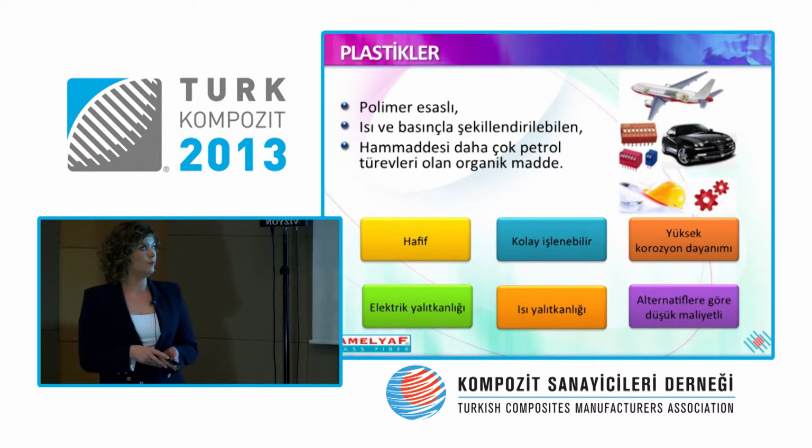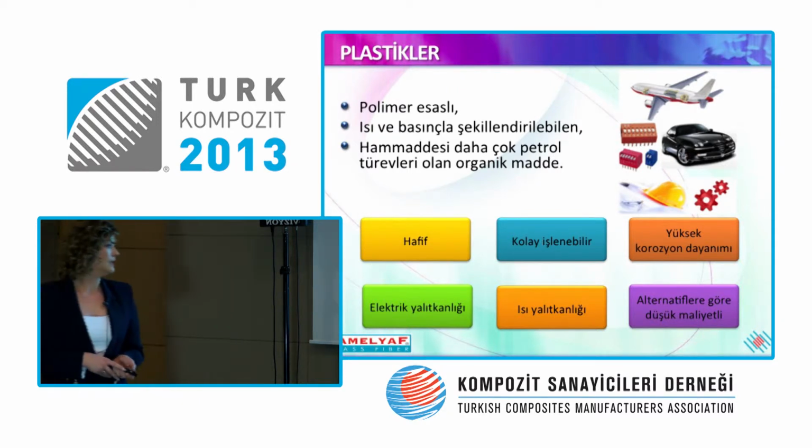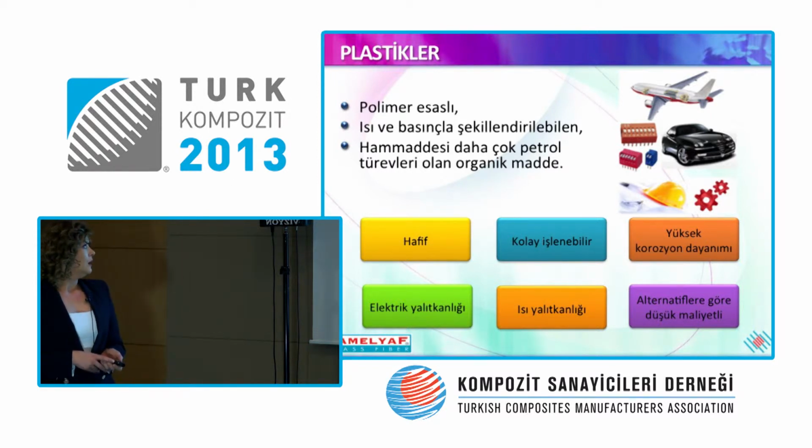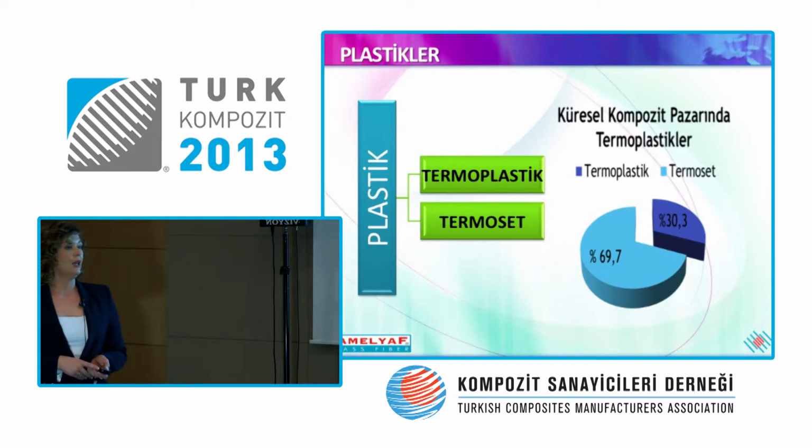They're polymer based, they can be formed based on heat and pressure, and they're usually organic substances that are petroleum derivatives. They are light, they are easily processed, they have a high corrosion resistance, they insulate electricity and heat, and they are lower cost as compared to their alternatives, so they have a large span of usage that involves electricity, automobile, aircrafts, etc.